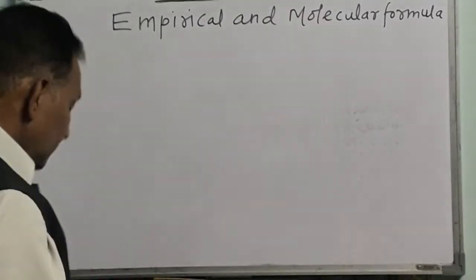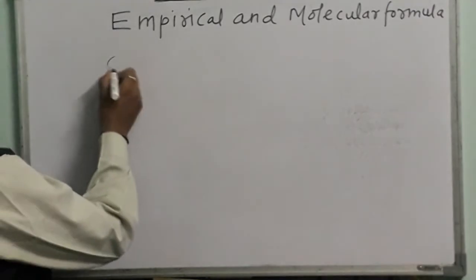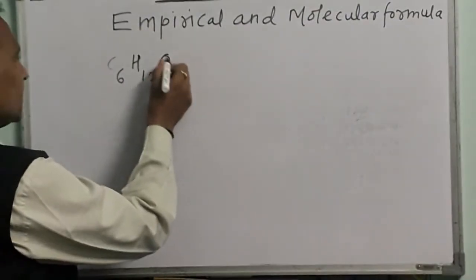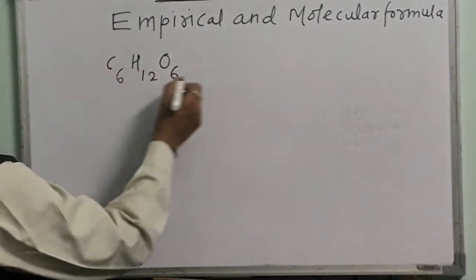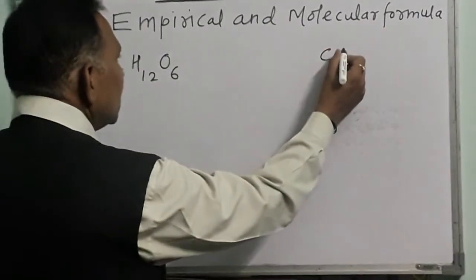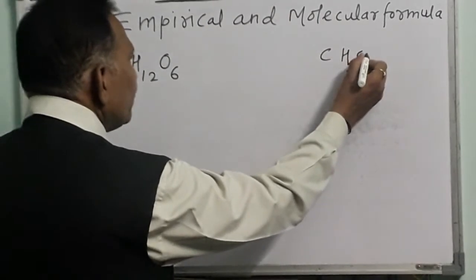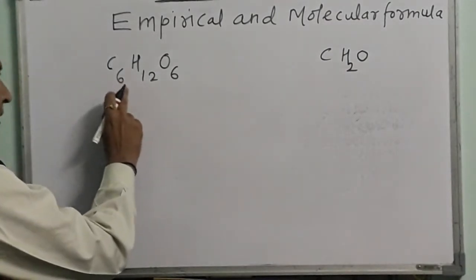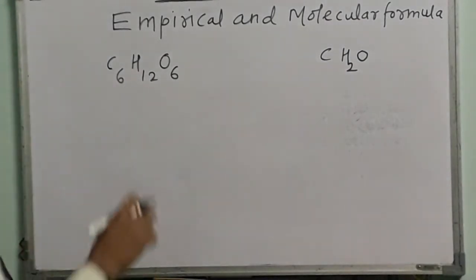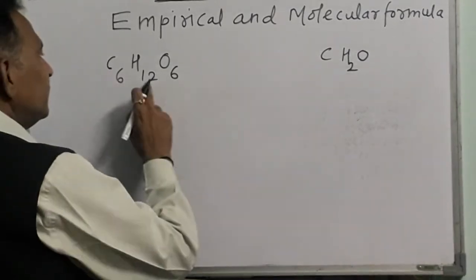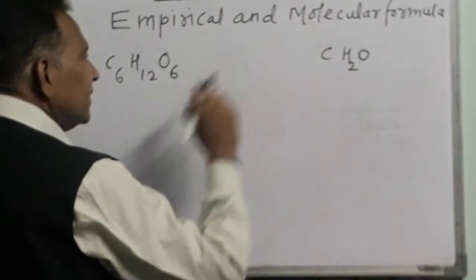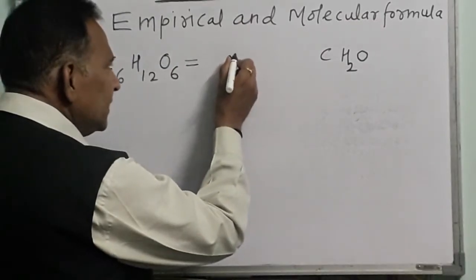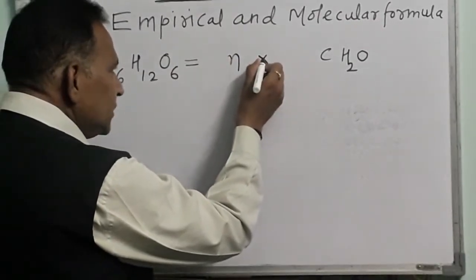Now if the molecule of glucose is considered, the molecular formula was C6H12O6 and the empirical formula was CH2O. So how is this reduced to this? Dividing every number by 6: 6 by 6 is 1, 12 by 6 is 2, and 6 by 6 is 1. So the molecular formula is equal to some number times the empirical formula, and that number is a positive integer.